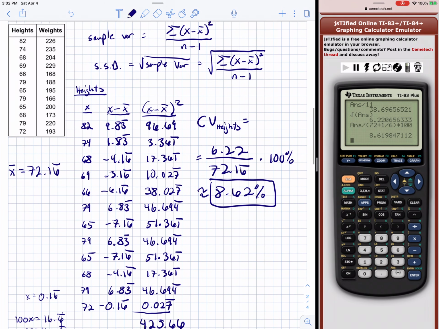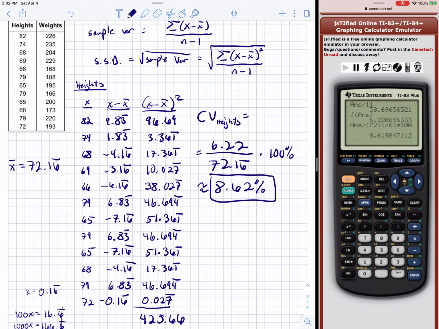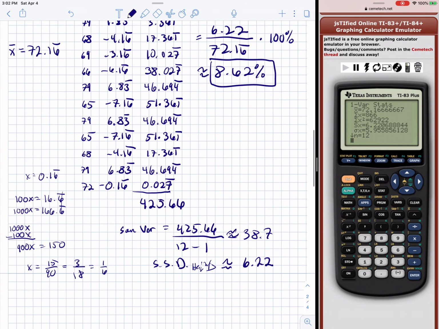Okay, so then let's do something similar. That was just for the heights. We'd have to go back and do it for the weights. I'm going to attempt to do it on the fly using numbers. Let me see. I want to look at one other thing. If I go back to stat, go to calculate, and do one-variable stats, you see the 6.22 was the sample standard deviation.